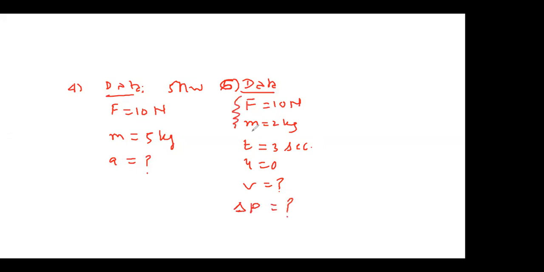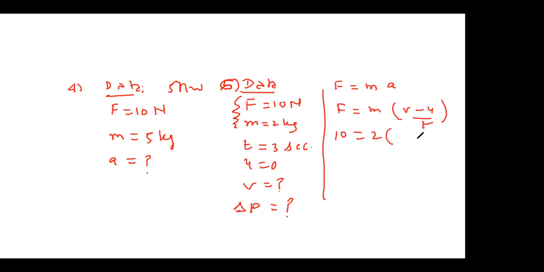Whenever force and mass are given, you find acceleration first. So force is mass into acceleration. Then in place of a, I can write v minus u upon t. Force is 10, mass is 2, v we want, initially at rest u is 0, time is 3 seconds.